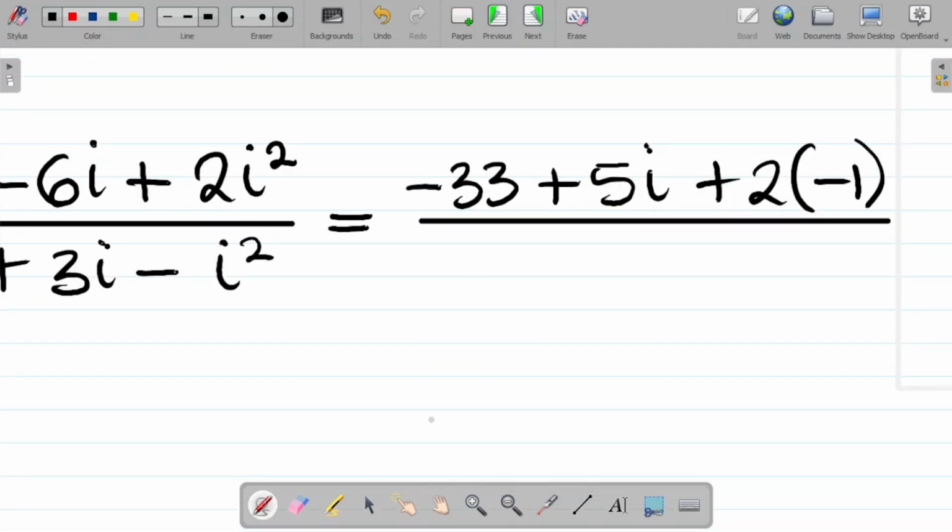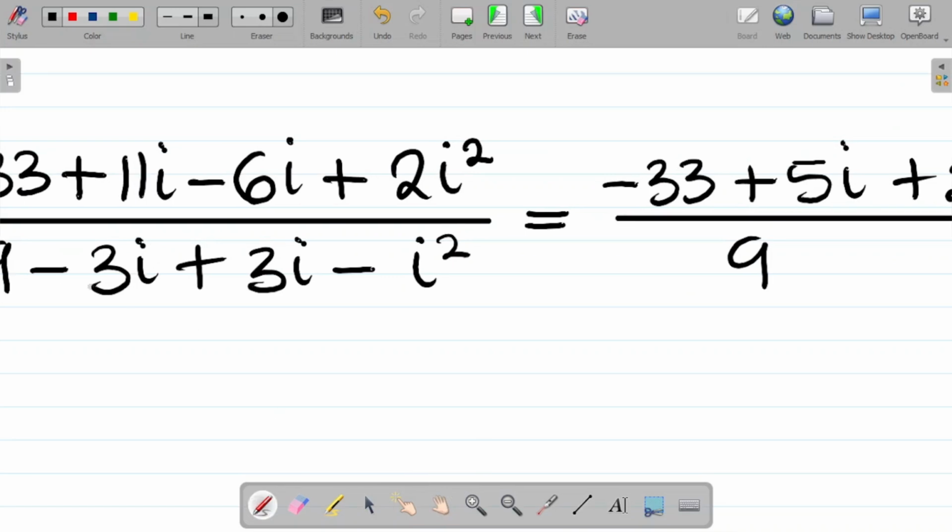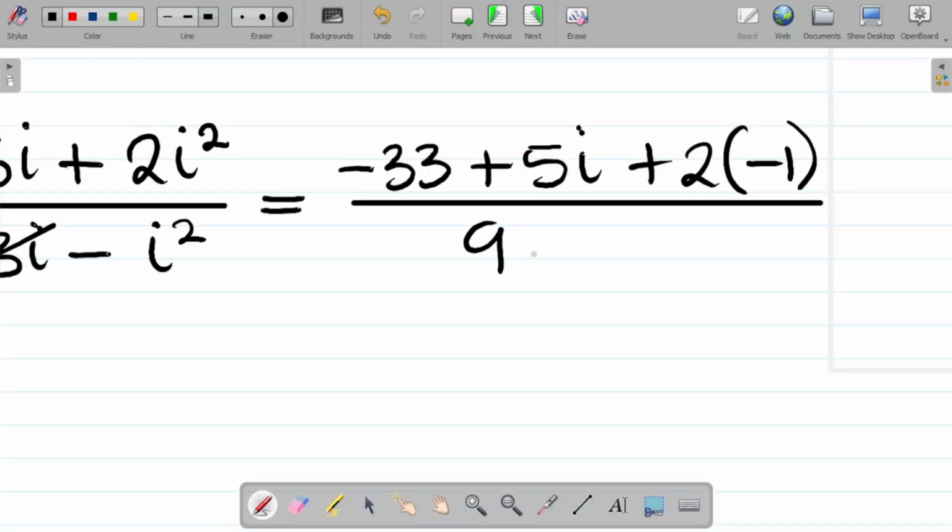So I'm having this as 9. Now next up I have minus 3i plus 3i. Minus 3i plus 3i gives you 0, just like saying minus 3 plus 3, that gives you 0. Next up is minus i squared. i squared is minus 1.